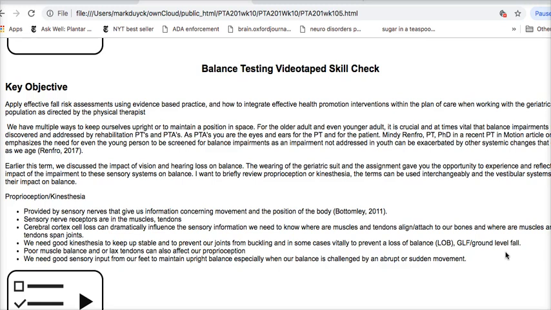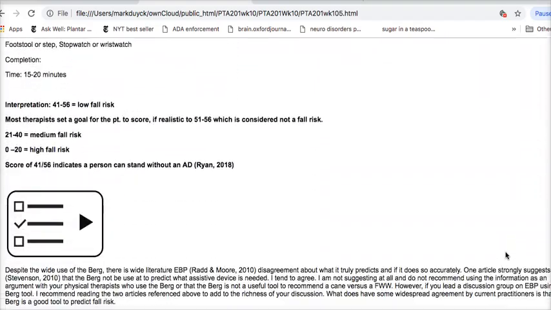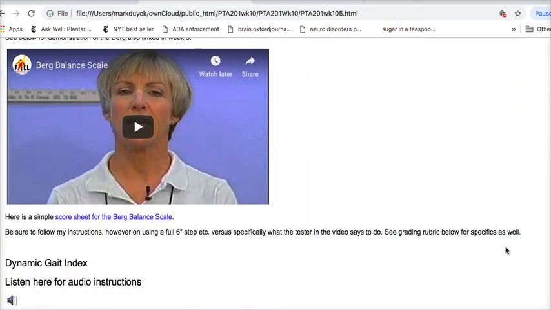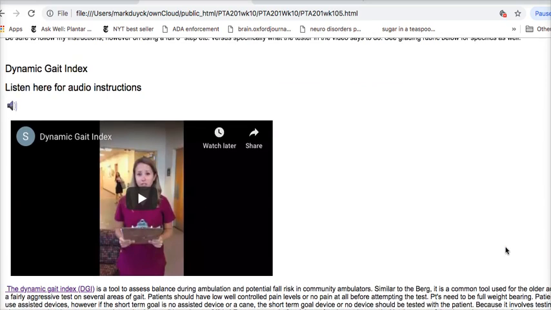especially as new graduates. Whereas the Dynamic Gait Index, that tool is more likely going to be used with someone who is walking and to determine if they should continue to be a community ambulator.